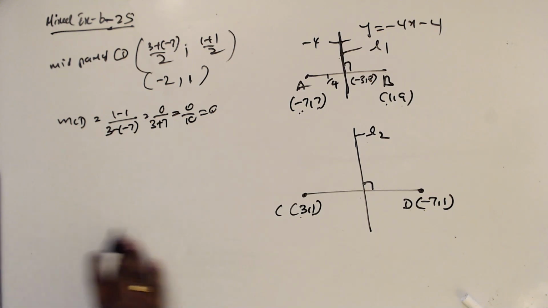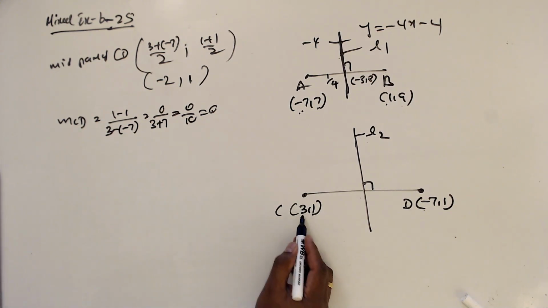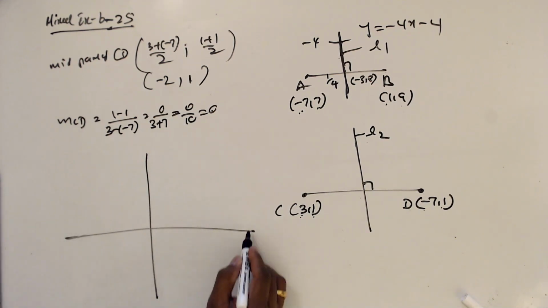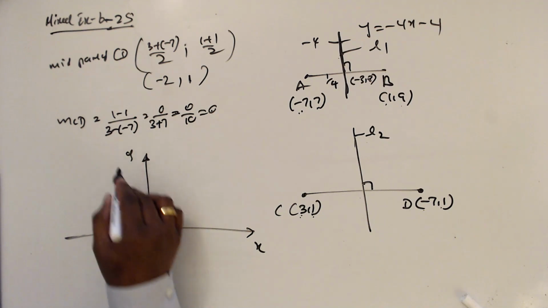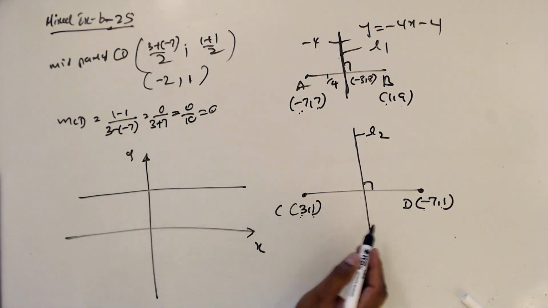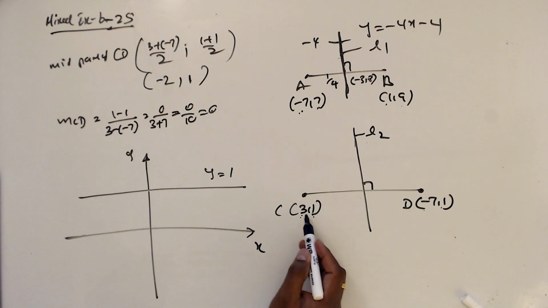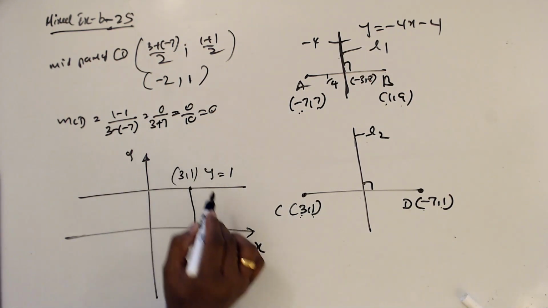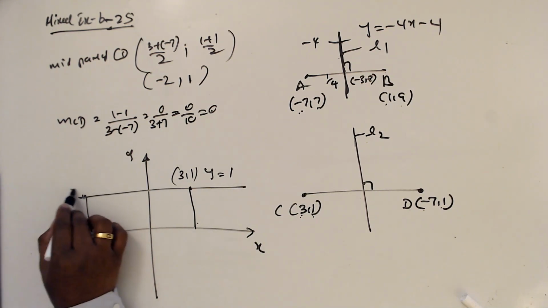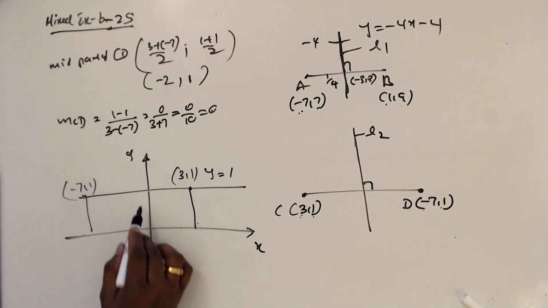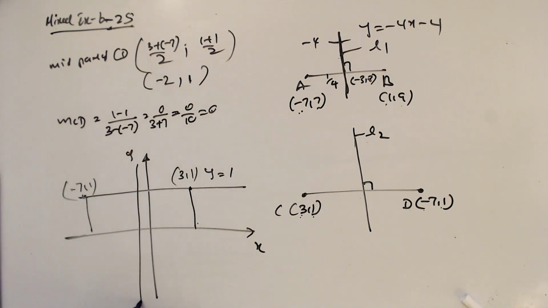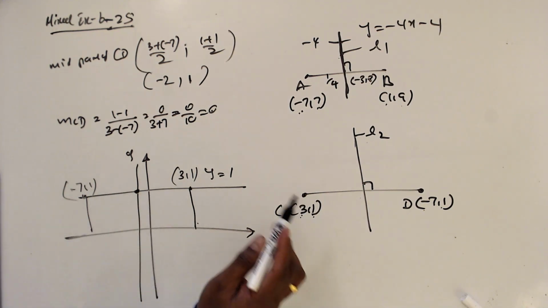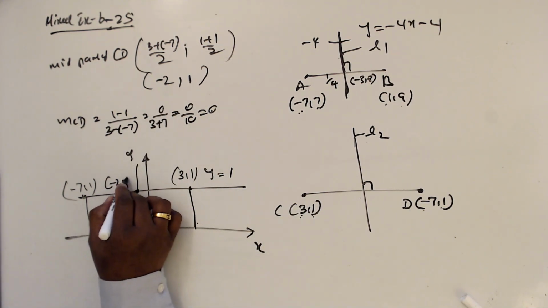Now I'll draw a real picture of what is going on. So 3, 1: this is the x-axis, this is the y-axis, this is the y equals 1 line. So 3, 1 means somewhere here. This is 3, 1. This is minus 7, 1. So the perpendicular bisector goes somewhere here, through minus 2, 1 which we found.